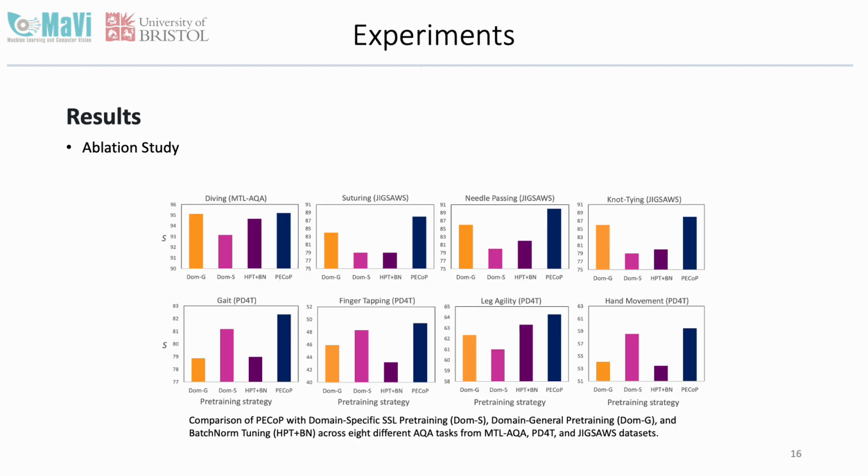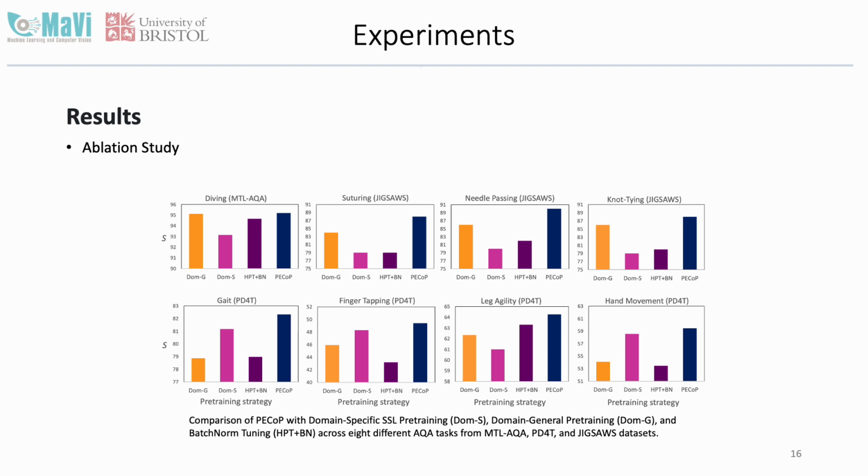This figure compares the performance of different pre-training strategies on AQA tasks. DOMG, or domain-general pre-training, employs pre-training on a domain-general dataset like Kinetics 400, while DOM-S, or domain-specific pre-training, focuses on domain-specific self-supervised pre-training on target data. HPT plus BN is batch norm tuning, in which it fine-tunes only the batch norm layers of a pre-trained model.